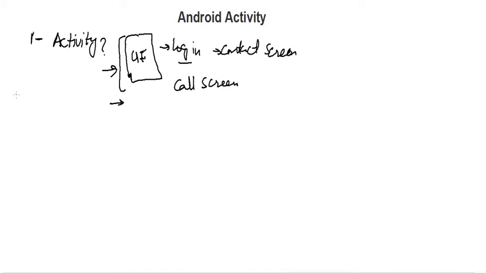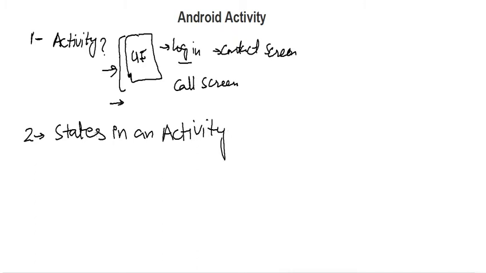Now, the second more important thing that we need to know about activities is the different states in an activity. Any activity can have up to 4 states. Number 1 is, for example, if the activity is in the foreground, the active state.